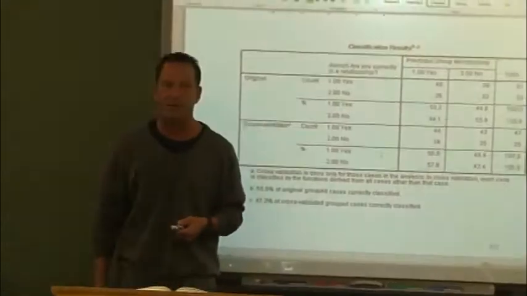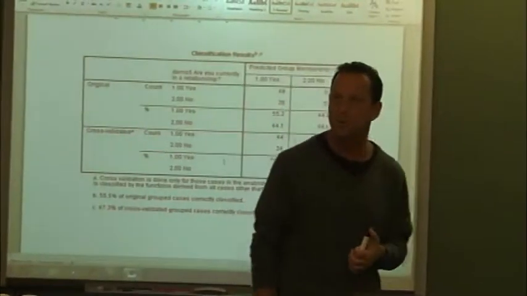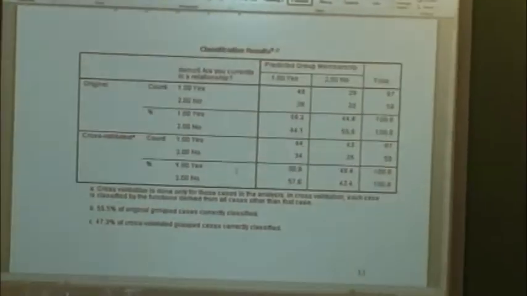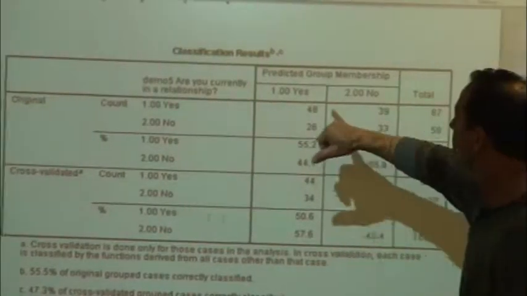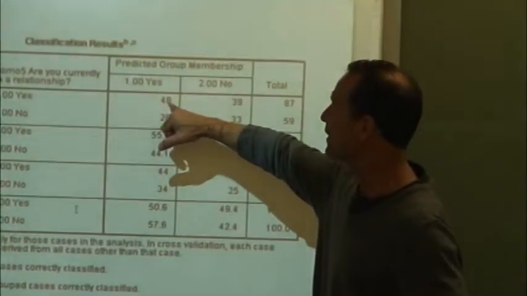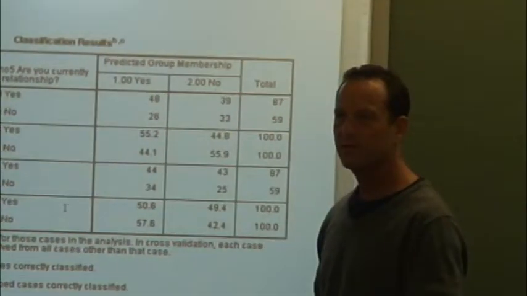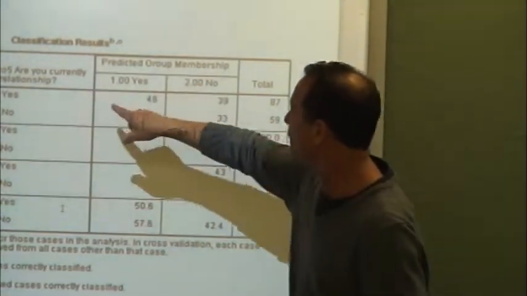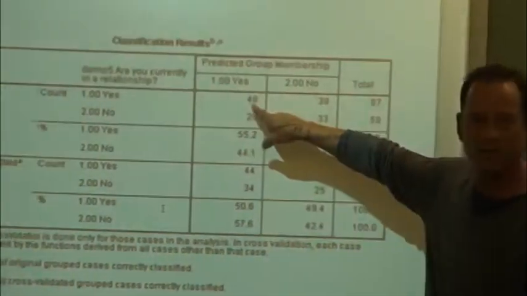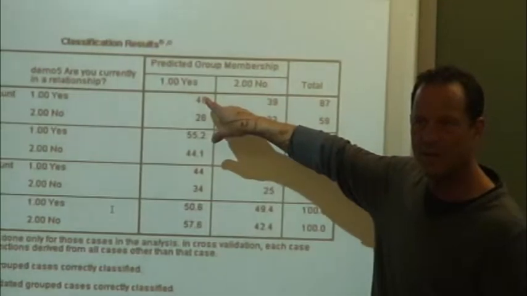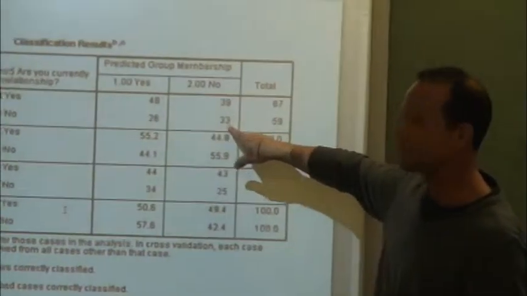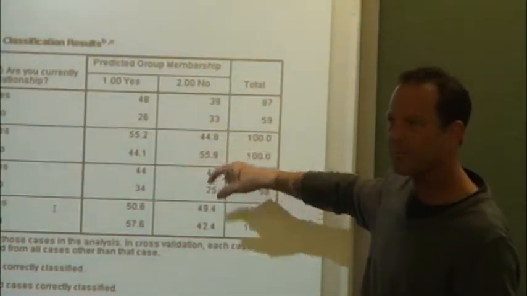Here's your table, everybody. This is the table you will be using for interpretation, for classification. So here we see 48 people were correctly classified that are in a relationship. Does everybody see they are in a relationship and we predicted it? Does everybody see that 48? Does everybody see the 33 for the no's and the no's?